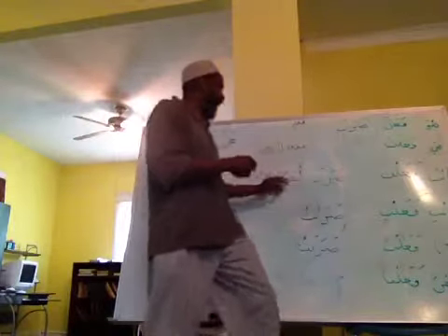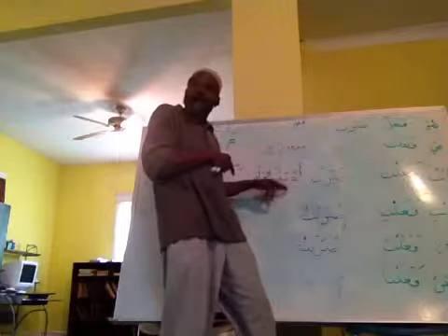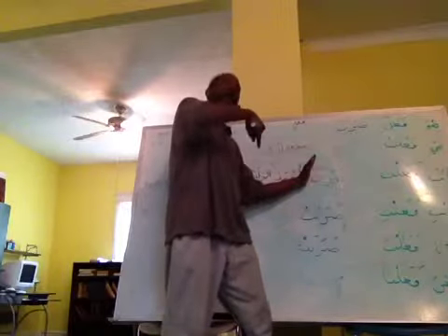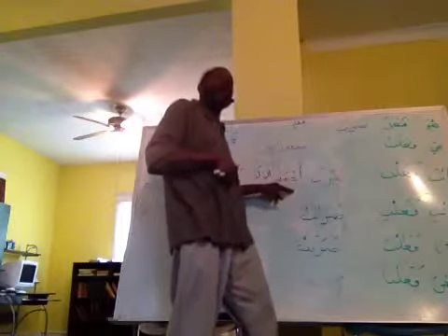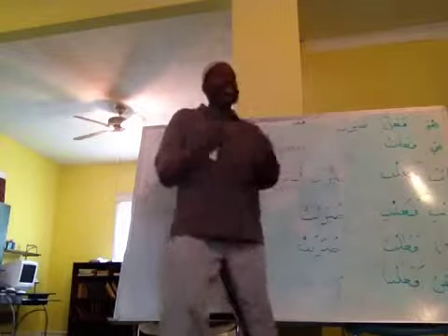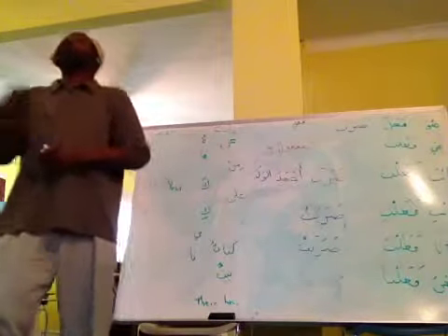So if daraba means to hit, because we named the fa'il, we can't now say he. We have to give him his name. So what name? Ahmed. Ahmed what? Hit. And now the maf'ulun bihi answers the question, who got hit?